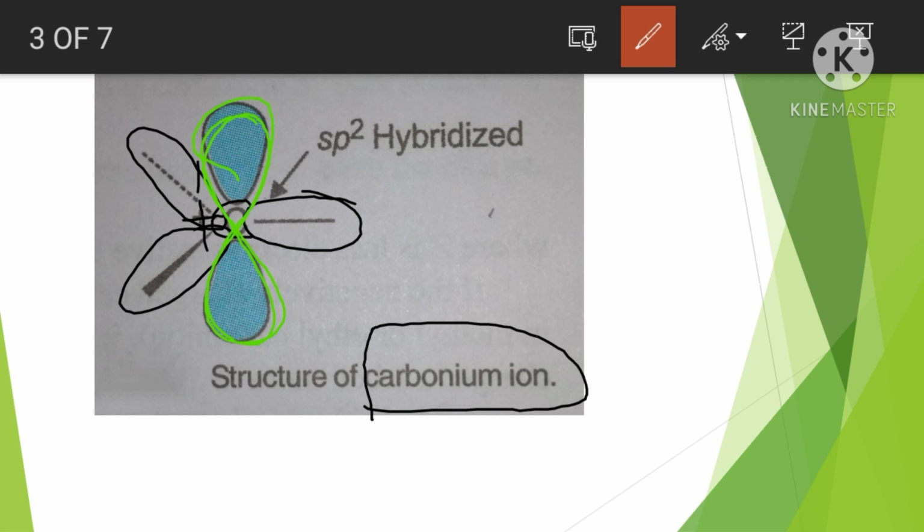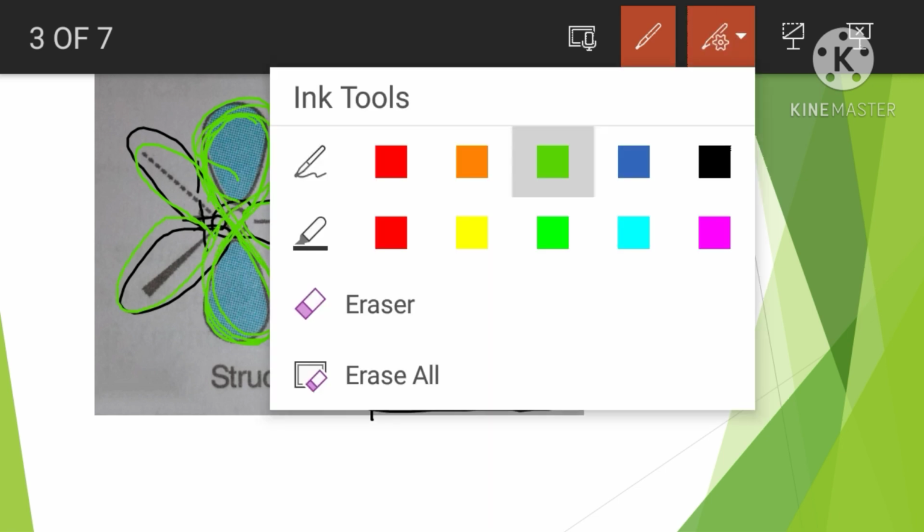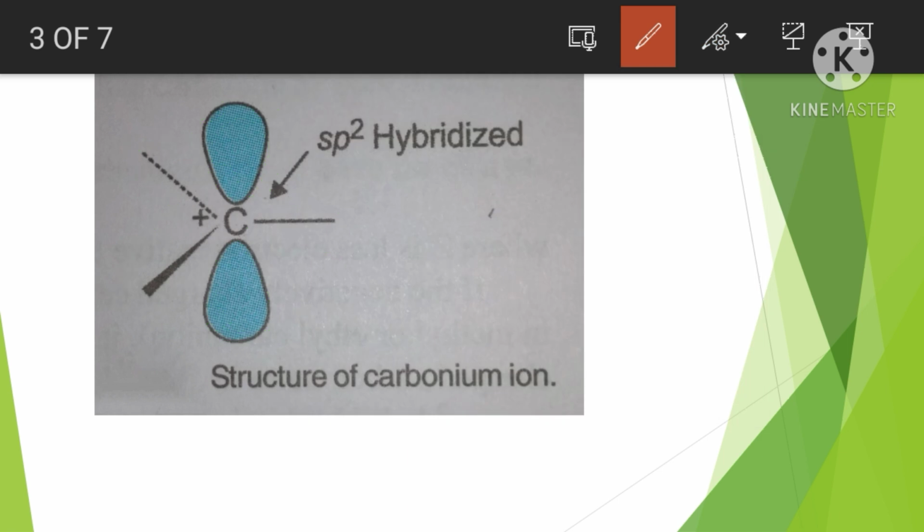We already studied sp2 hybridization in the previous class. Each hybrid orbital contains a single electron, and the unhybridized orbital also contains a single electron.